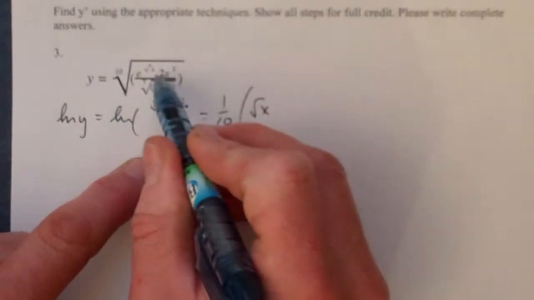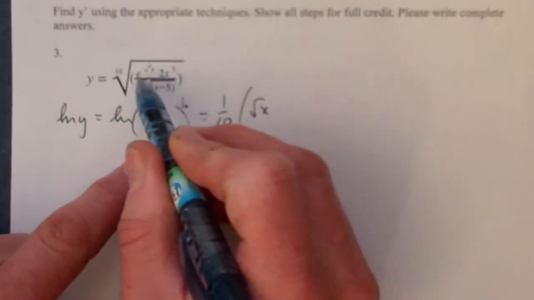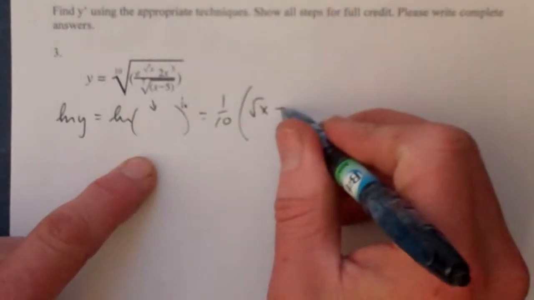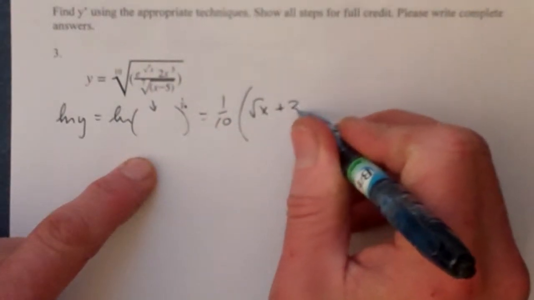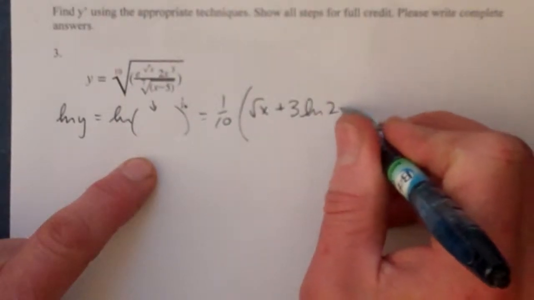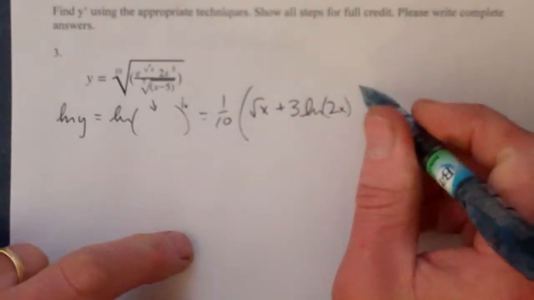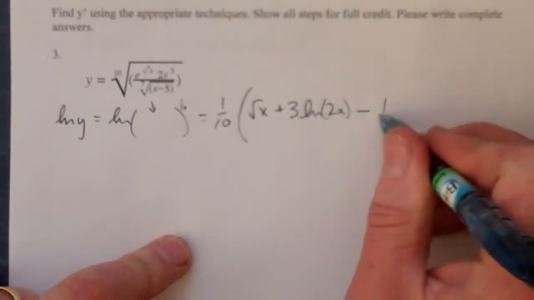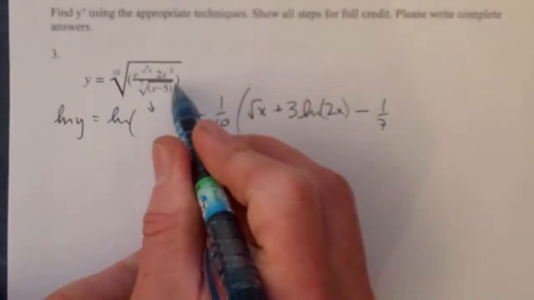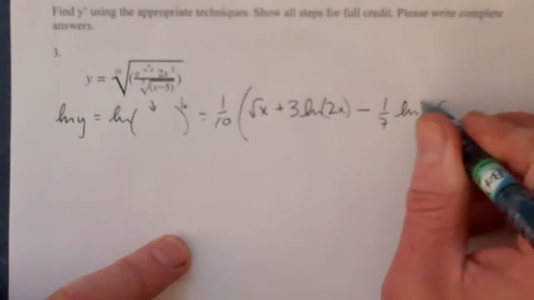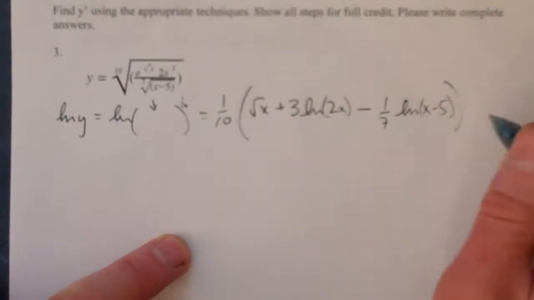And then this is the logarithm of two things that are being multiplied, so that 3 is going to come out in front and be addition, plus 3 ln of 2x, okay? And then it's going to be minus the denominator, which is 1/7, because that's everything to the 1/7, ln of x minus 5. All right.